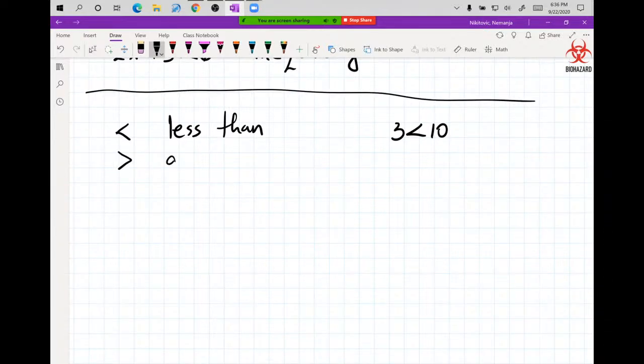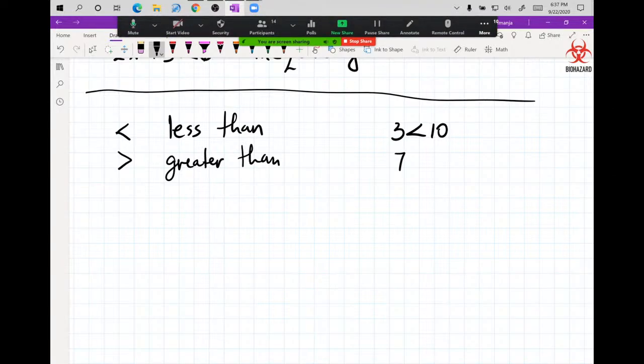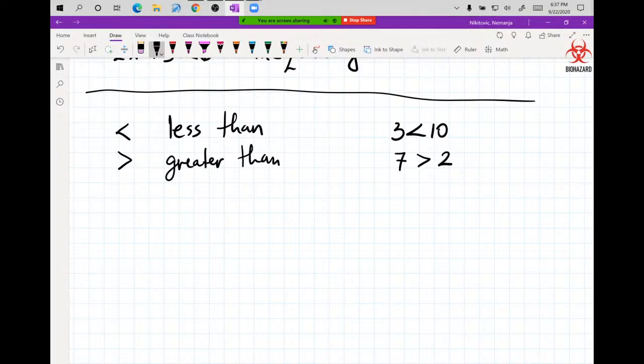Then you have greater than, and this would be 7 is greater than 2. Right? So that's that one. And now we have less than or equal to.